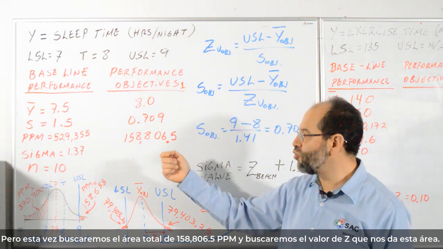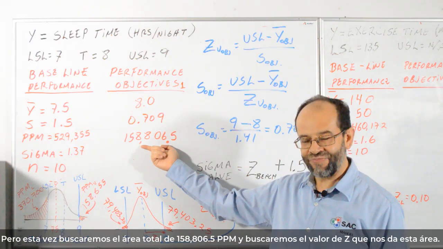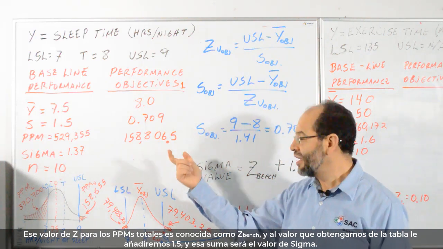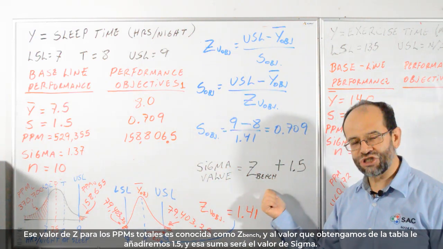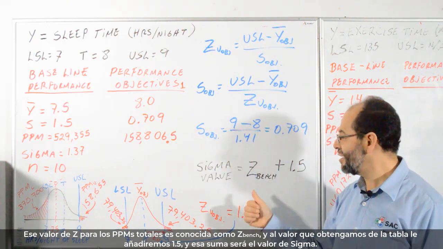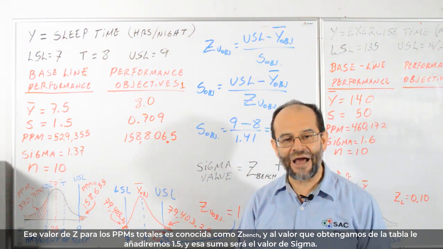And we are going to look for what Z value is equivalent to this area. That value that leads to this area of Z is known as Z bench. To that value that we are getting from the table, to get this area, we are going to add 1.5, and that will be the sigma value.